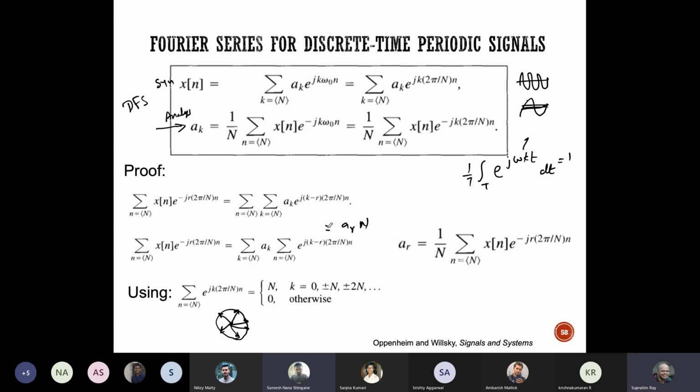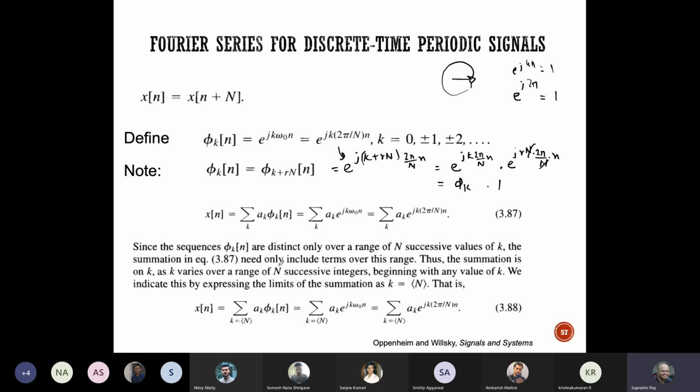Yes. So this whole thing becomes a_r N. This becomes a delta function, right? So this thing is this, and then when you take this summation, it will become a_r N. So the whole thing becomes a_r N. Not just this. This is like the delta function.